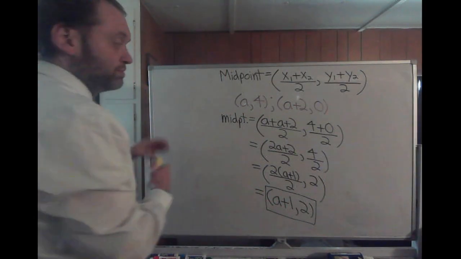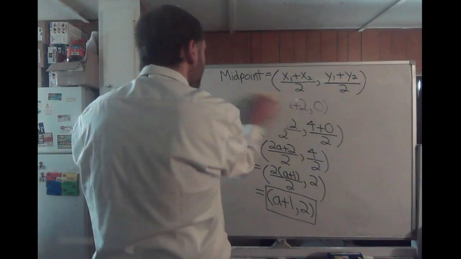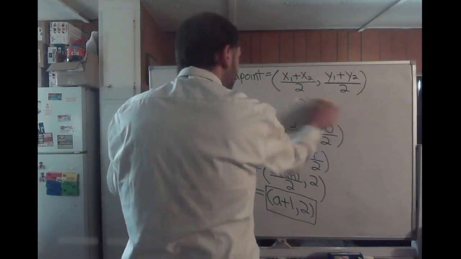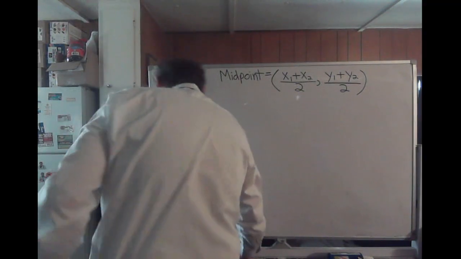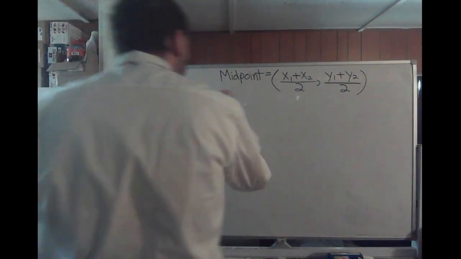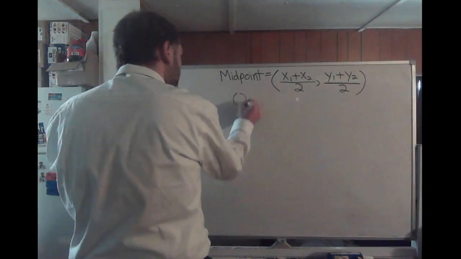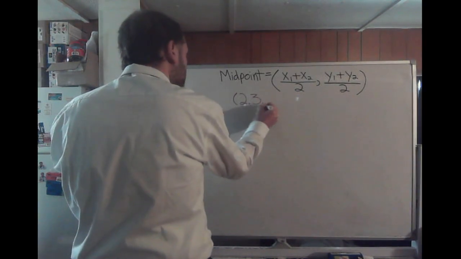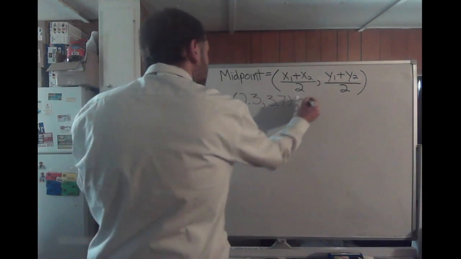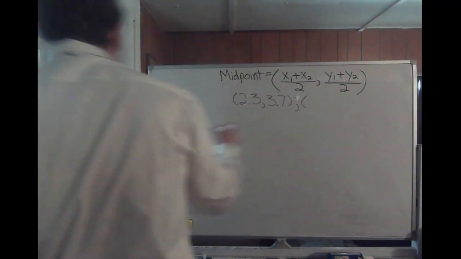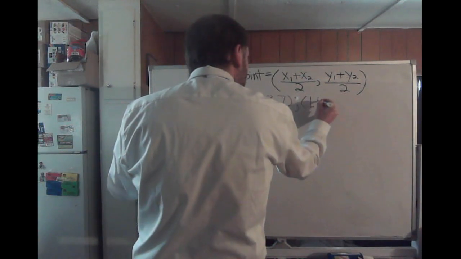Got two more problems. All right, what if we had the ordered pairs 2.3, 3.7, and then 1.5, -2.9.